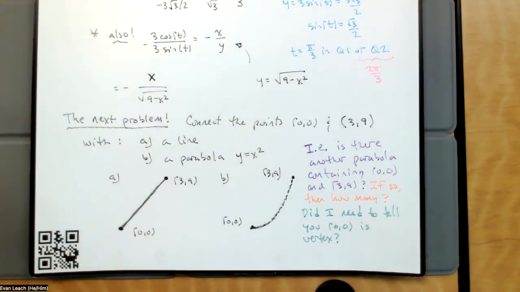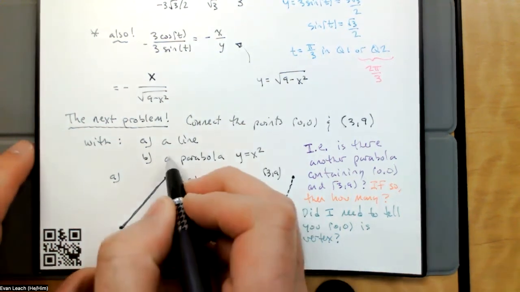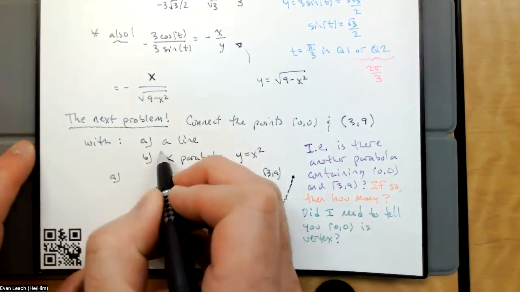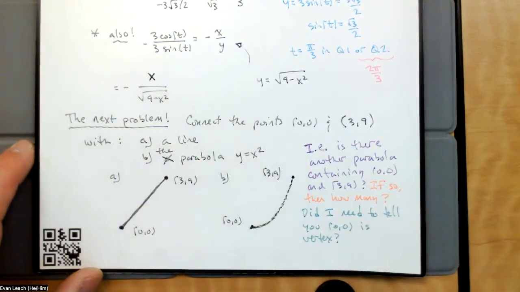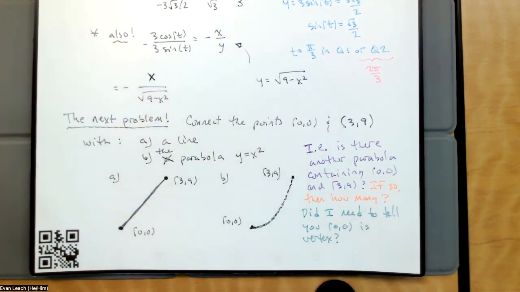We have currently locked it down to a parabola, specifically this parabola. We have a line connecting 0, 0, and 3, 9. There's only going to be one of those, but part B is not a parabola, it's the parabola, y equals x squared. The first one you would have thought of anyway. Here's what I want to know.